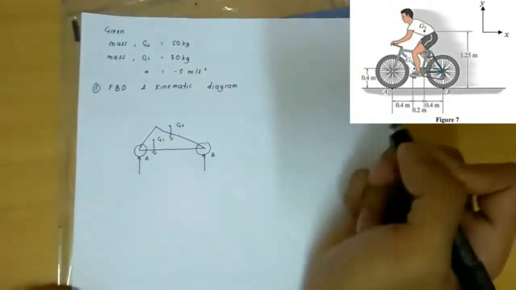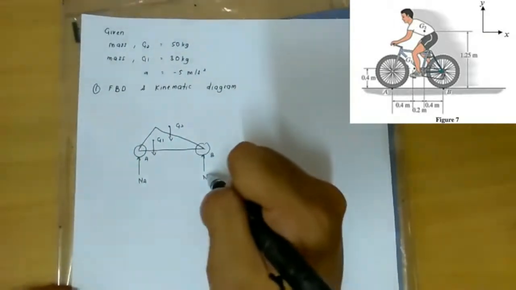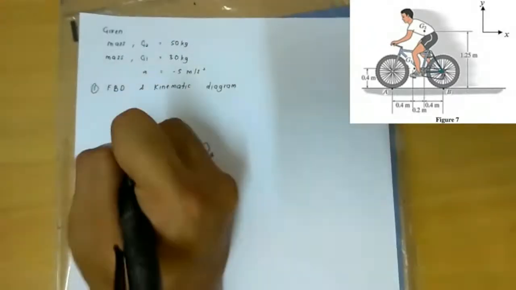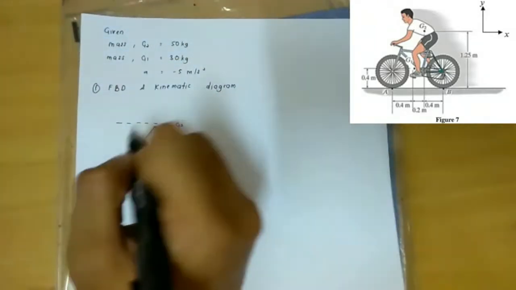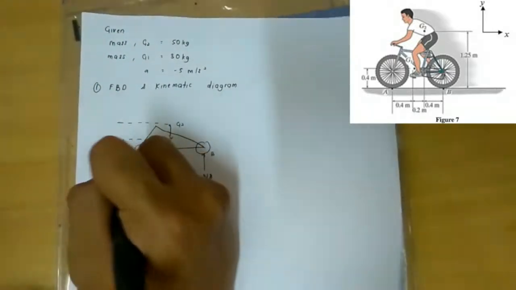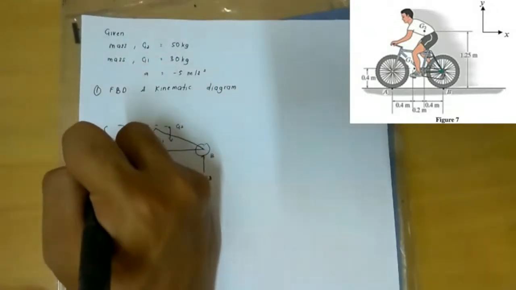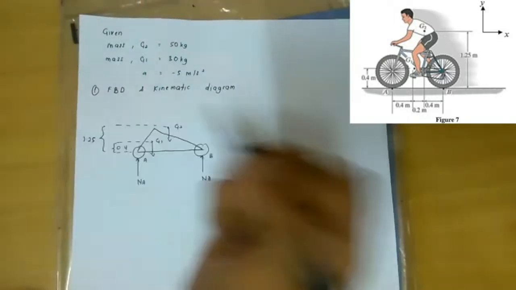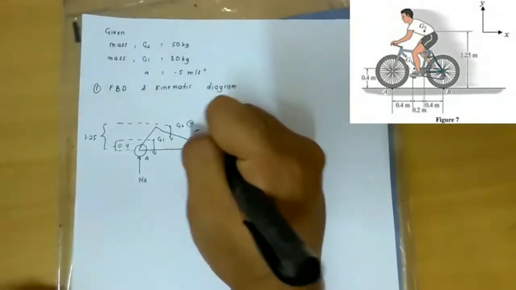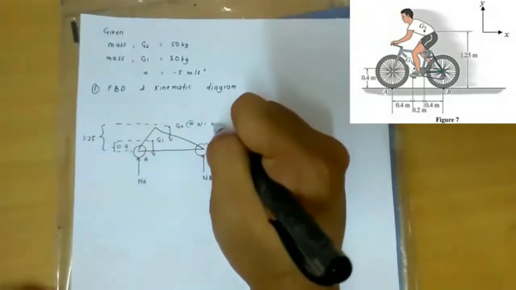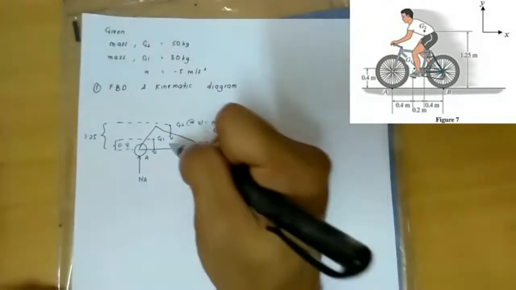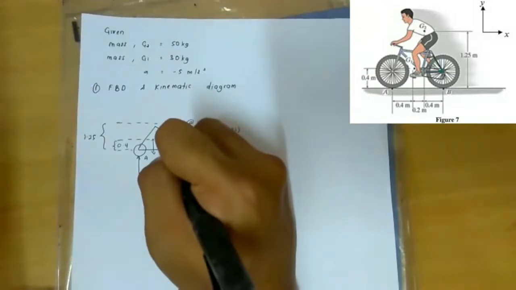Point A and point B, and normal force at point A and normal force at point B. Given mass for G2 is 50 kilograms, so we can calculate the weight, or the force, which is mass times gravity, so 50 times 9.81.